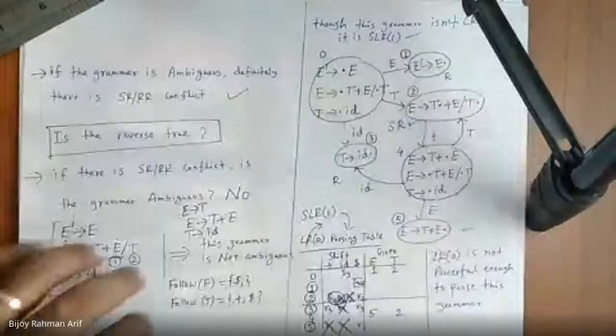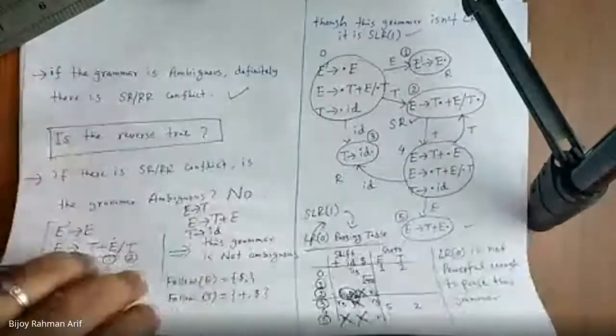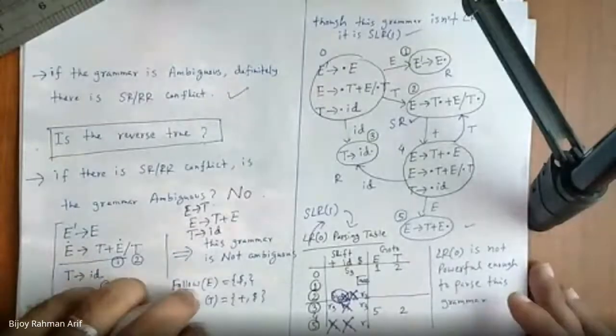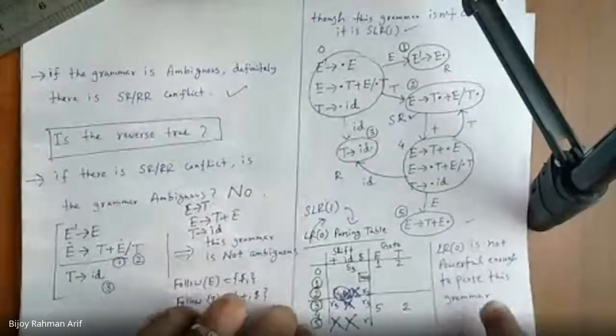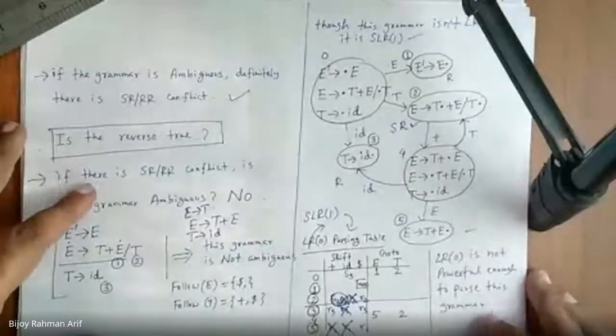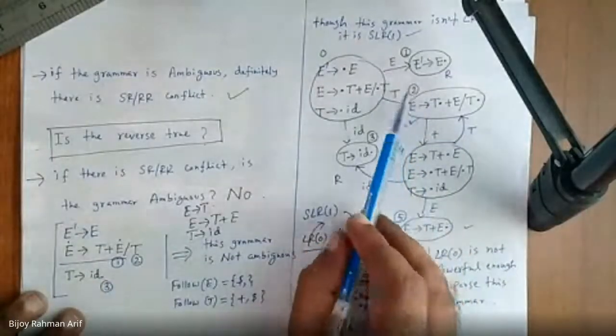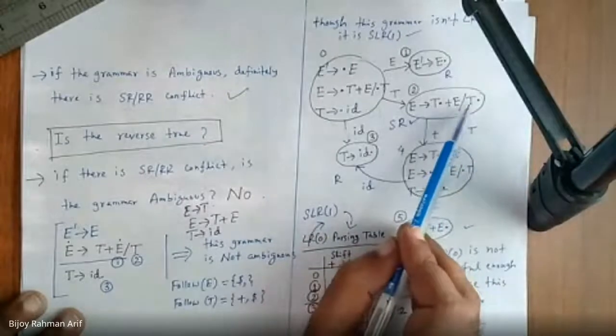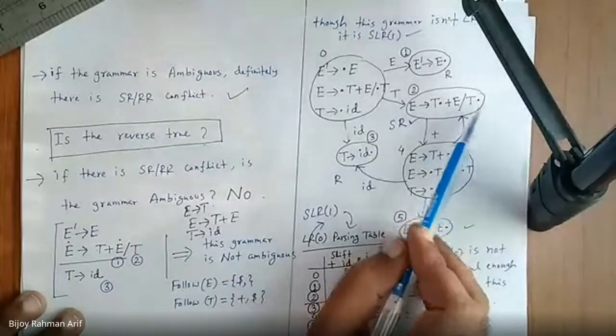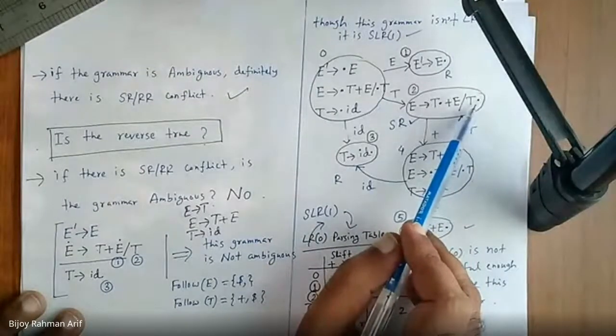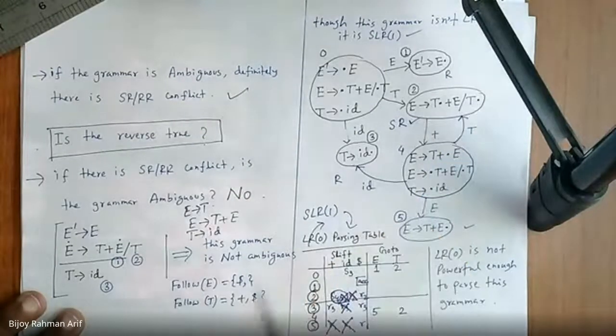So what is the meaning of this? In this state, number 2, there is a reduce move: E derives T dot. Why should I put the reduce move in LR(0) in the entire row?